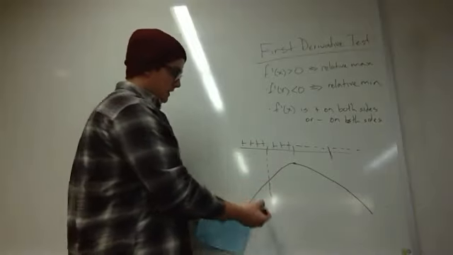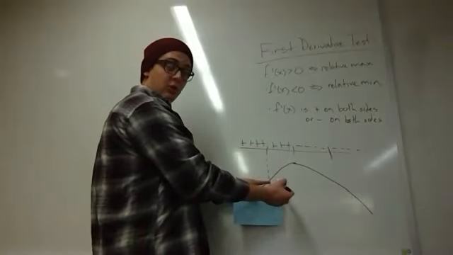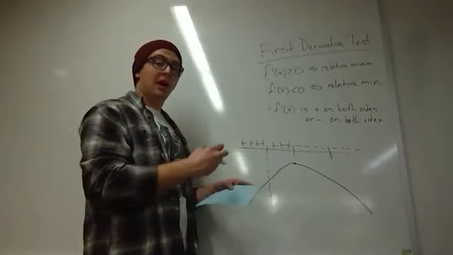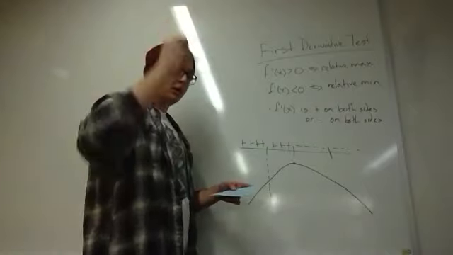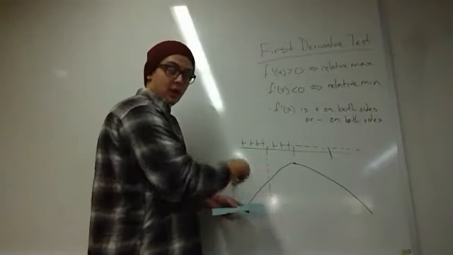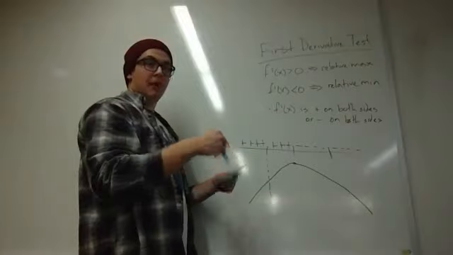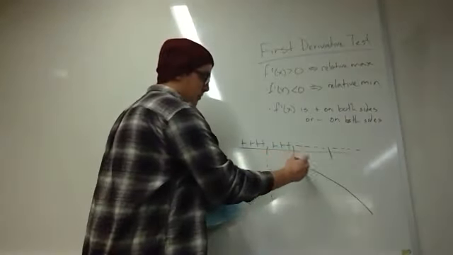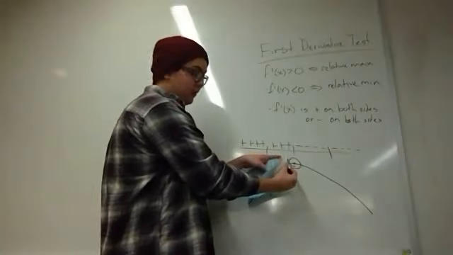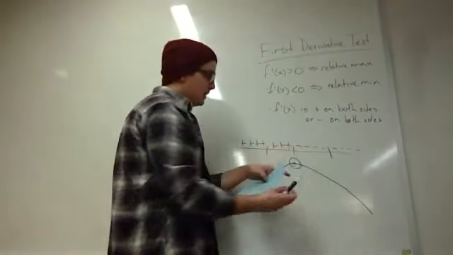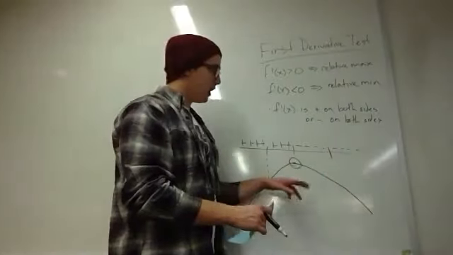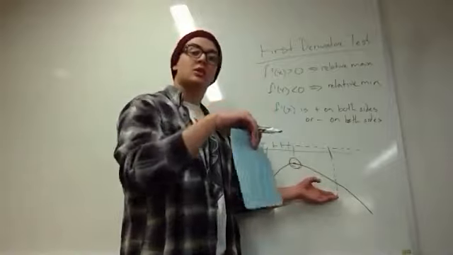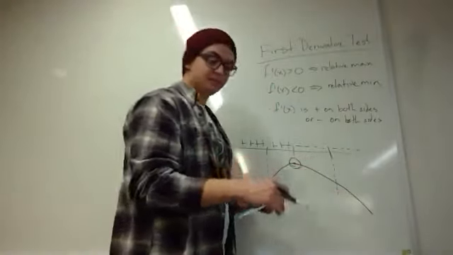The reasoning behind that is that once we achieve that critical point, we might have a point of 0 or undefined slope, but after that, we're still going up. So there's no relative mountaintop, essentially, to look into. So it would be at this point, because we see the shift from positive to negative slope. The same goes for the other direction. So we're not going to have a relative min here because there's no indentation or valley to be looking for.